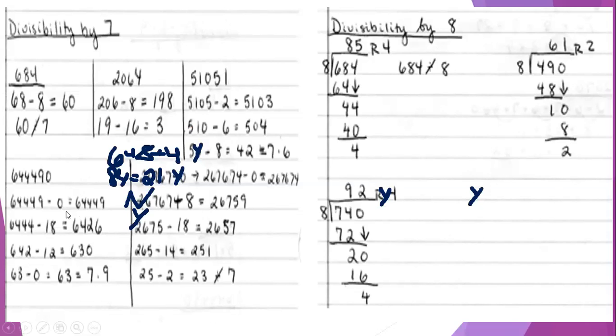The last digit's 9, you multiply that by 2, and it's going to be 18. So 6,444 minus 18 is 6,426. 6 times 2 is 12. 642 minus 12 is 630. 0 times 2 is still 0. So 63 minus 0 is 63, and 63 is divisible by 7. You multiply 7 by 9 to get it.